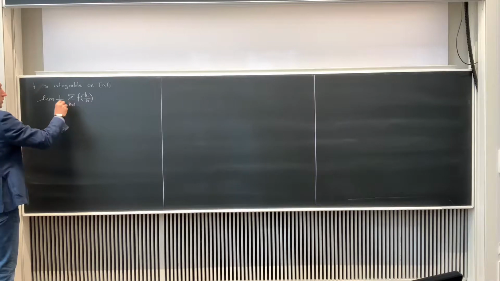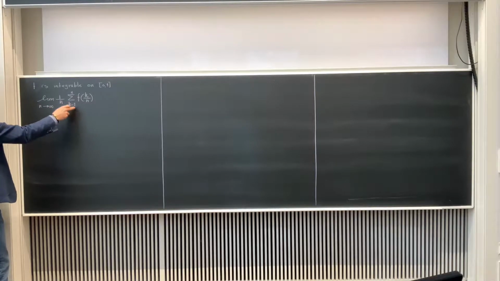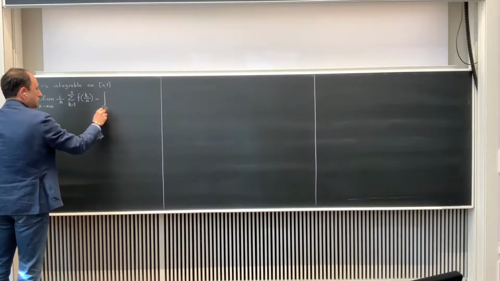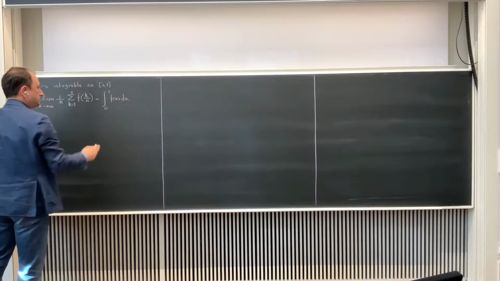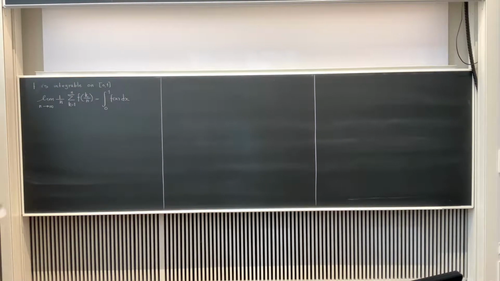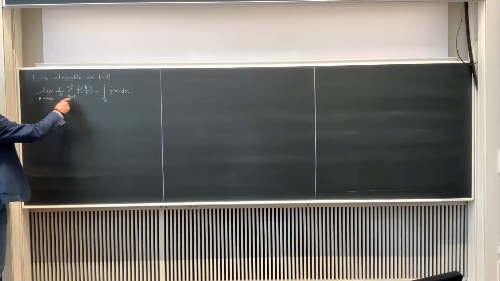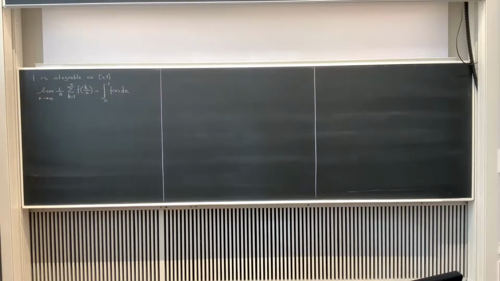It should go from 1 to n, and n goes to infinity. I had written it was 0 in my notes. But the sum becomes the integral from 0 to 1, f of x dx. The reason is that this is a particular Riemann sum for the interval 0 to 1, yes?